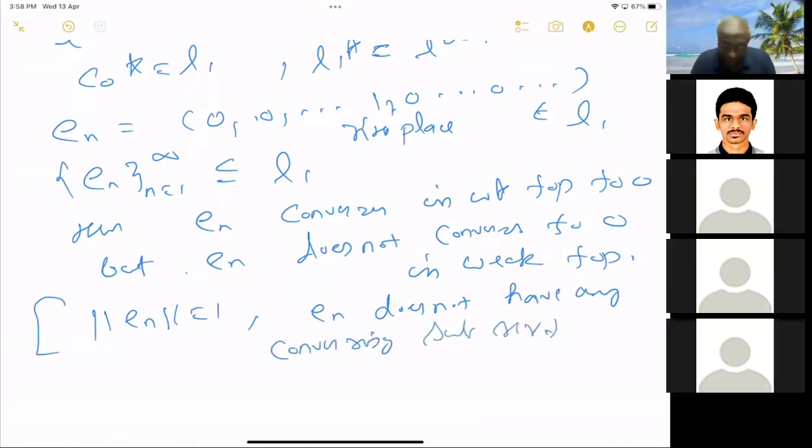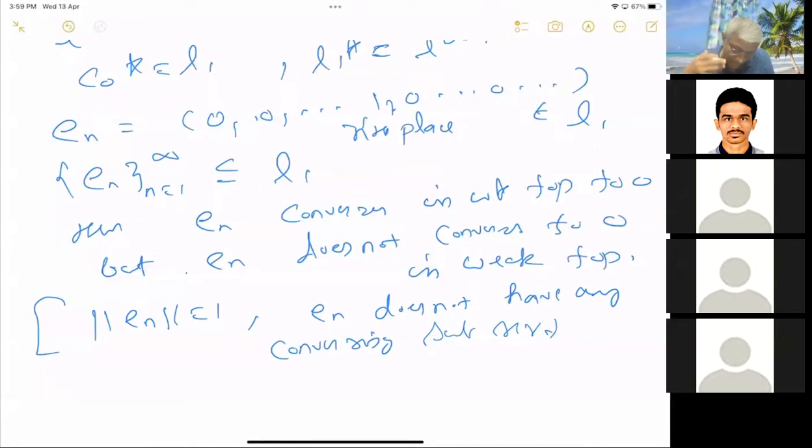Incidentally, I will give an assignment which will show that if you have a separable normed linear space, then the unit ball, which is weak star compact, is actually metrizable. There exists a metric which generates the topology.